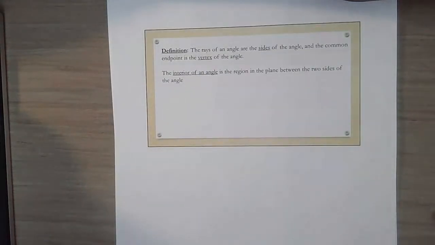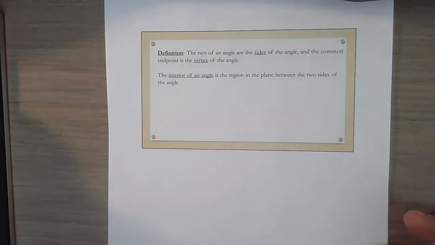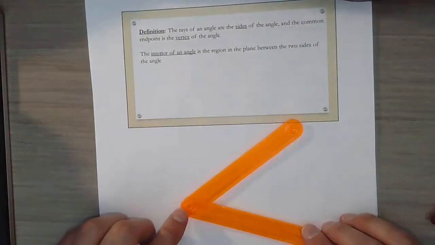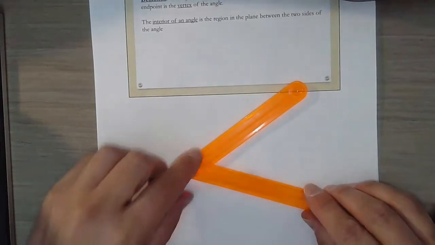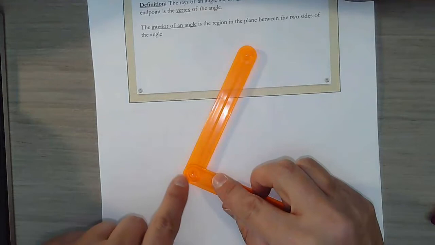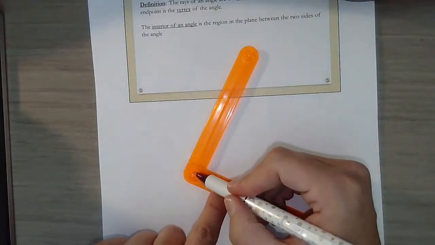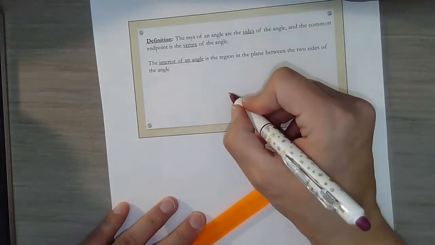And so when we look at these, angles have sides, and they also have what we call the vertex. The vertex is this point right here where we can rotate it around. It's that common end point. So this right here is our vertex.